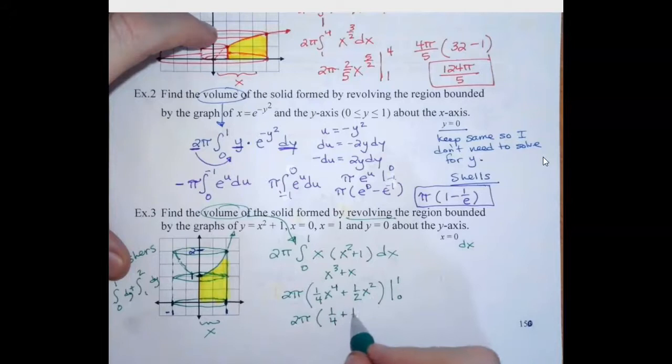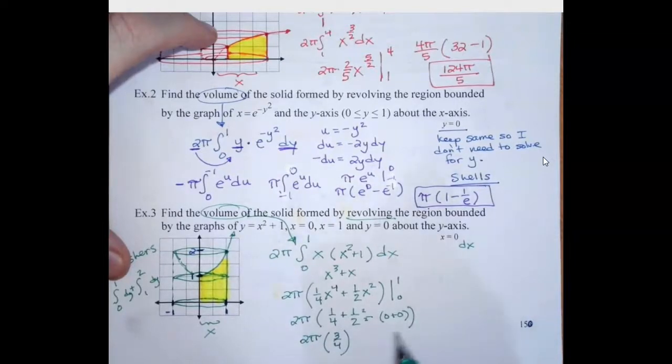And we plug in 1 here, we're going to get 1/2. And then 0, technically it would be 0 plus 0. Just trying to emphasize that you remember to distribute here if you have to plug in a number there. But so getting a common denominator here, it's going to be multiply this by 2 over 2. So that's going to be 3/4. So we have 2 pi times 3/4. And so that's going to be 3 pi over 2.